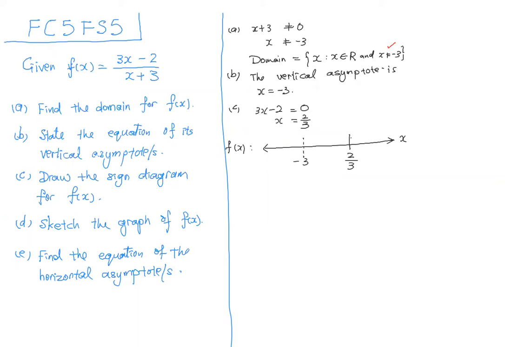Use the numbers to find the sign. Yeah, so can you tell me the sign from right to left? Positive, negative, positive. Okay, so everyone, you are very familiar with how to do a sign diagram already. Anyone in this class still not sure? Okay, so that means now, part D.